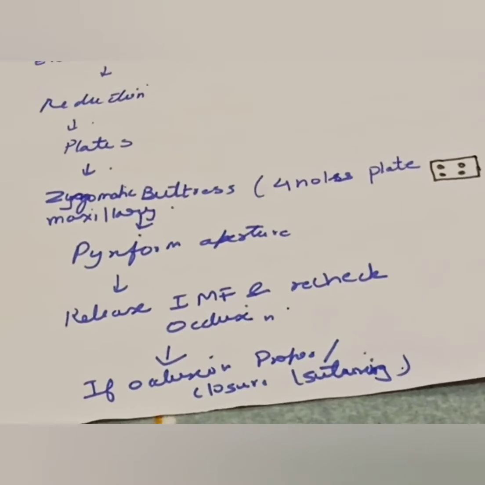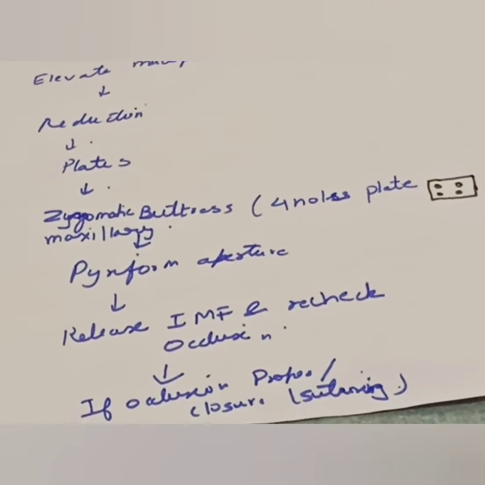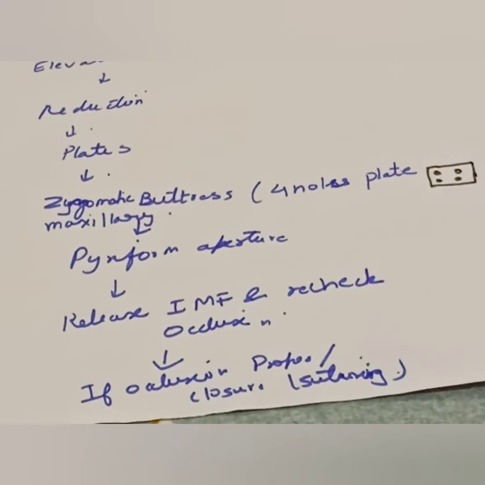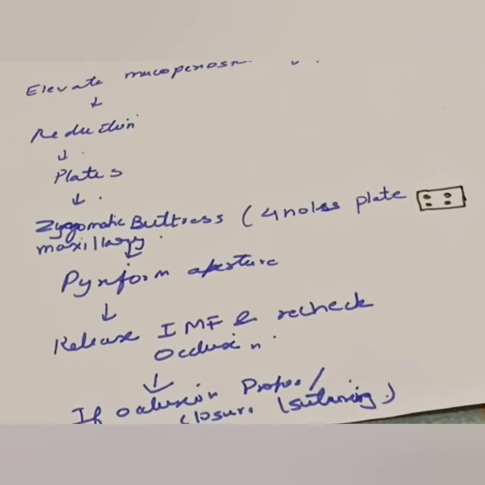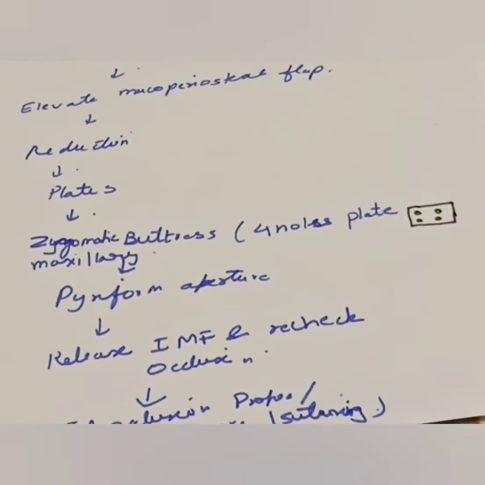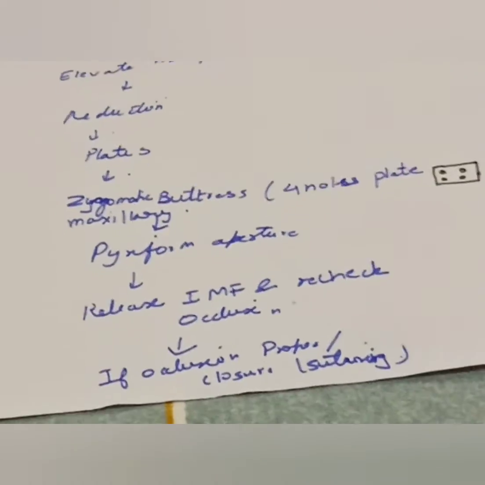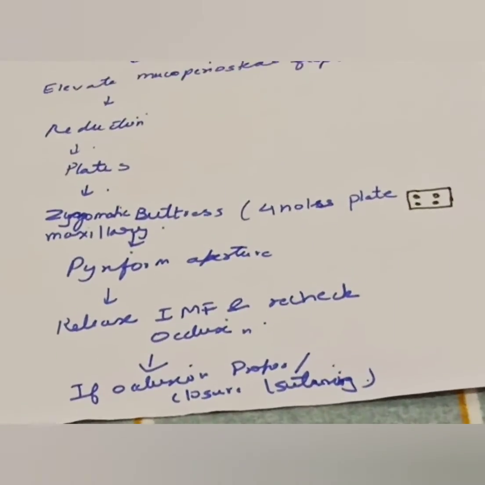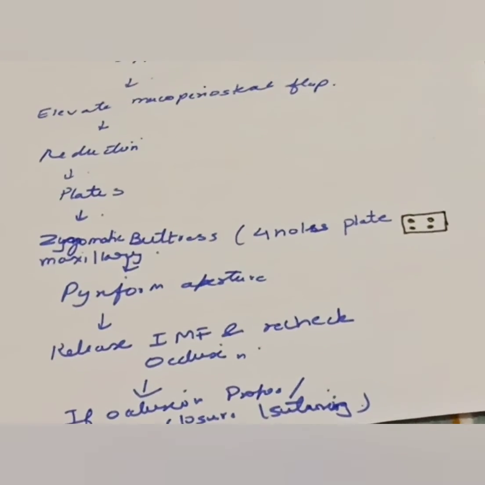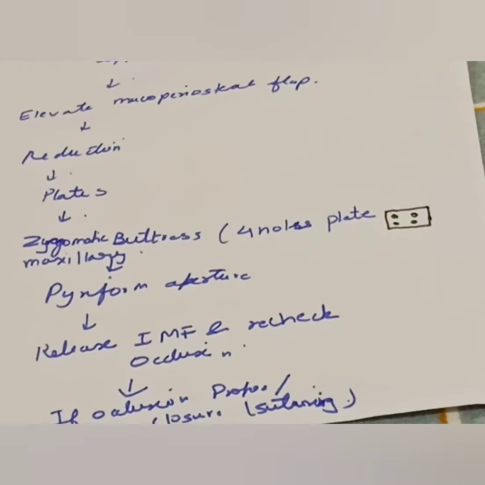Then once you fix the plates, you release the intermaxillary fixation and recheck the occlusion. Now if the occlusion is proper, then you close the wound and do the suturing. So that's all about the treatment of Le Fort 1 fractures.